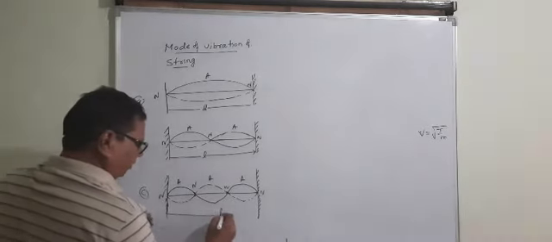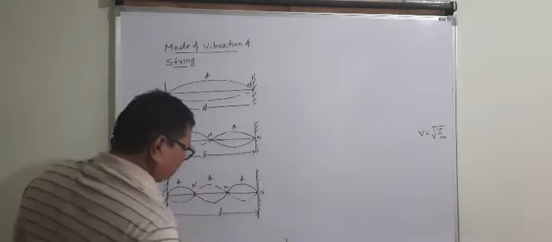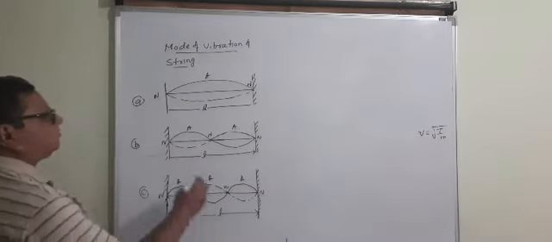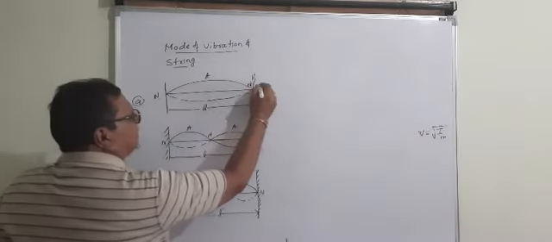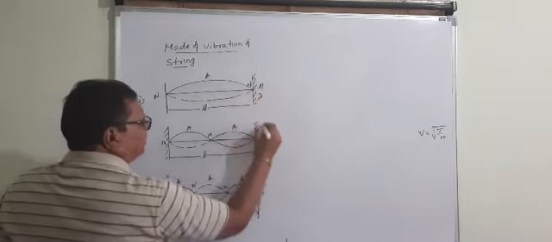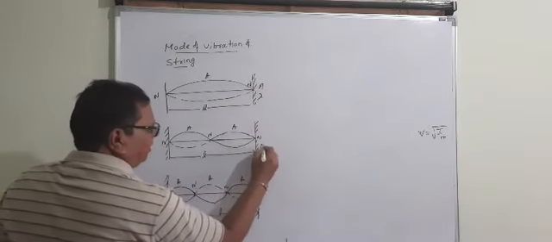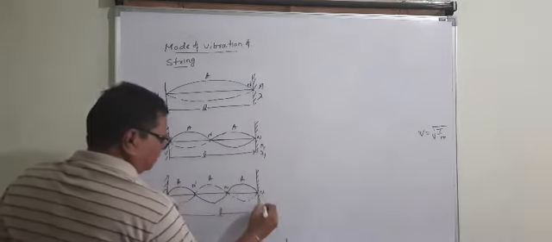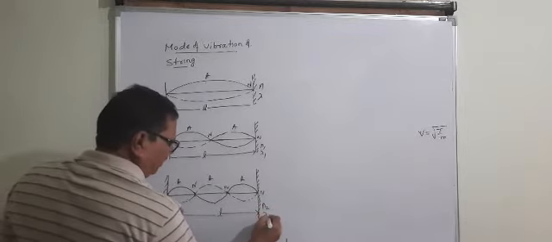Length of string small l. In this case, the frequency be say n and wavelength be lambda. In this case, the frequency be n1 and wavelength be lambda 1. In this case, frequency be n2, wavelength be lambda 2.